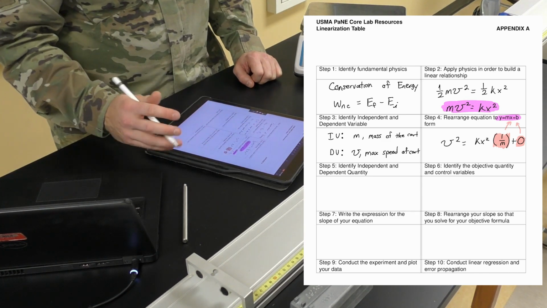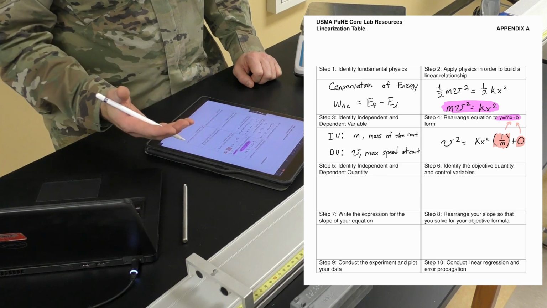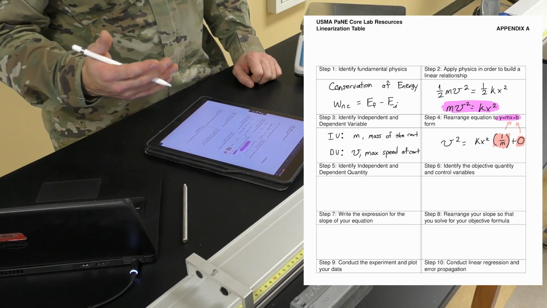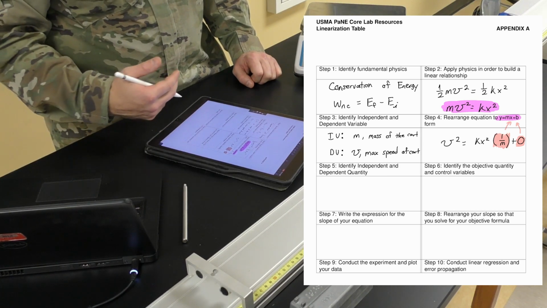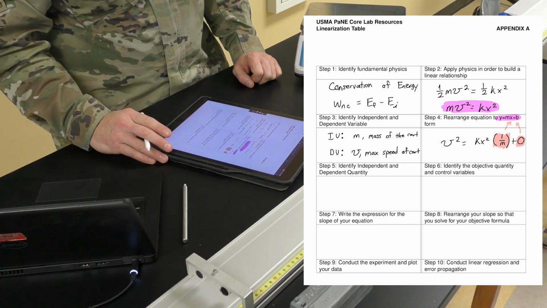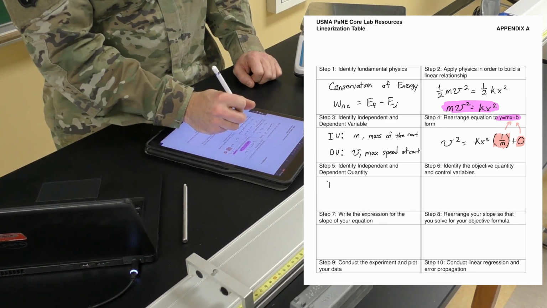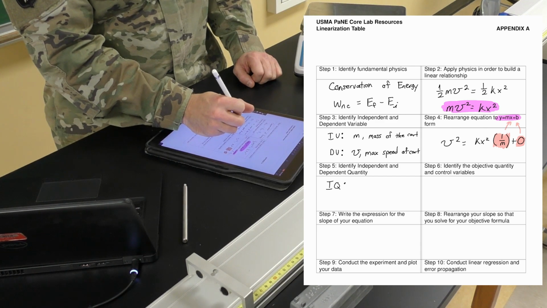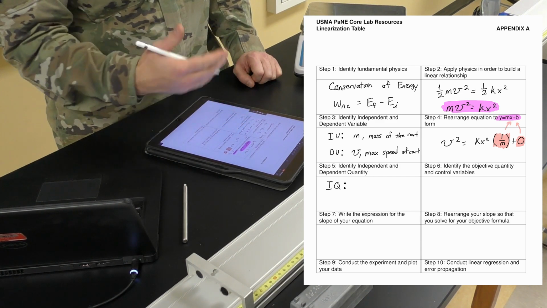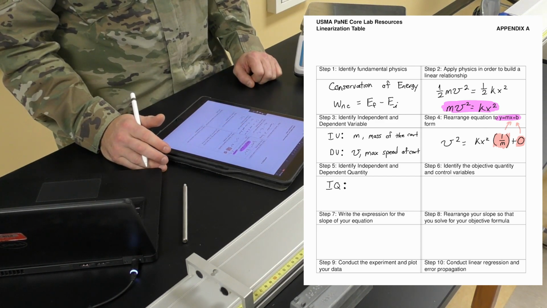The next step is to identify what is the x variable, or what is going to be plotted on my x-axis as a result of doing this linearization process. So I'm going to identify the independent quantity. Now, this independent quantity is going to be a function of the independent variable.